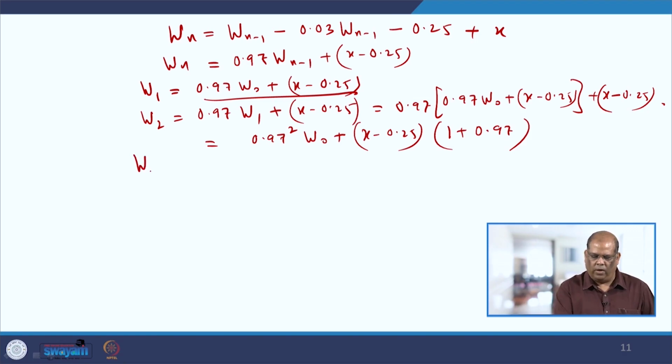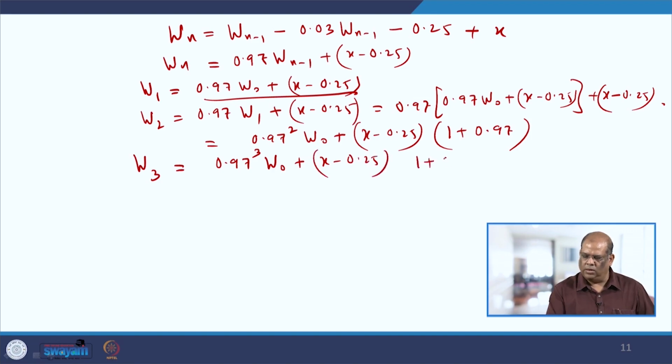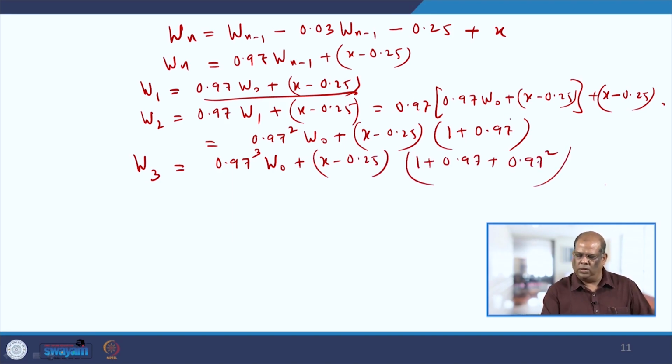Similarly, if you do W3, you will get 0.97 cube W0 plus x minus 0.25 times 1 plus 0.97 plus 0.97 square. So, this is 1 and here it is 2, here it is 2. So, you can straight away write this will be 3, matches with this 3, and this is 1 less, so it is 2.